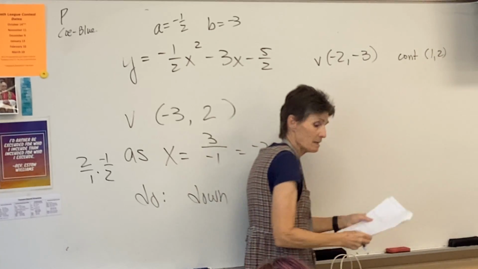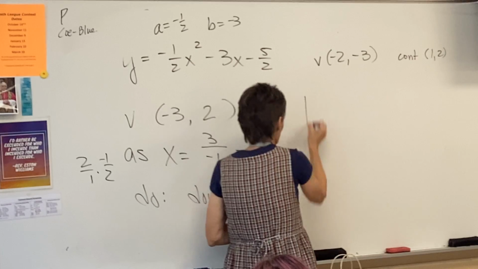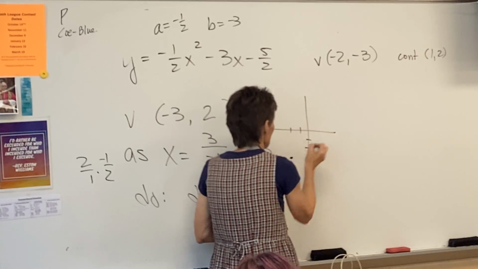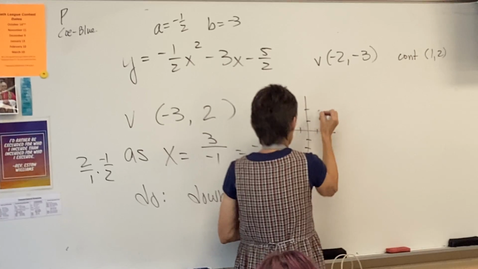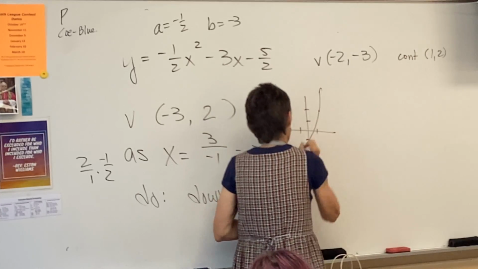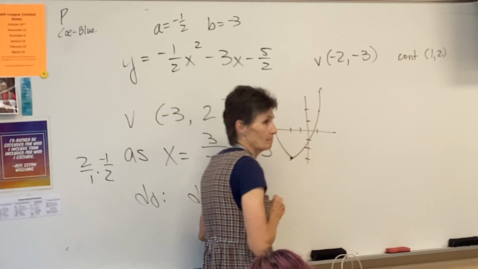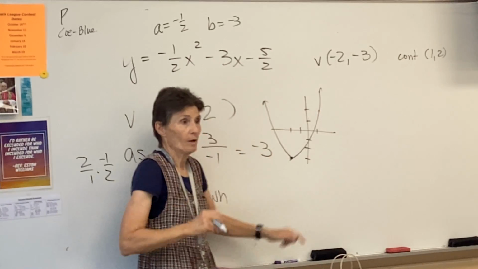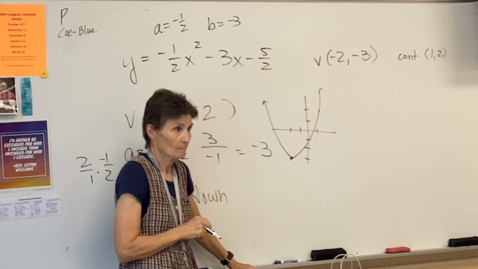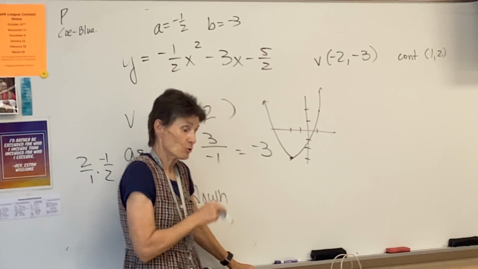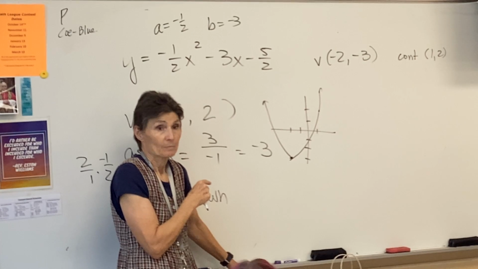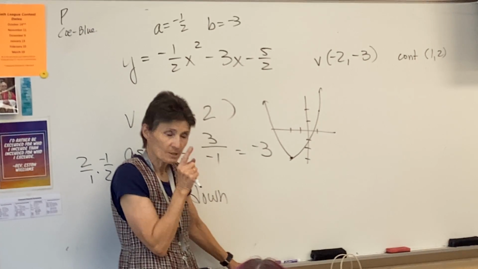So I've got this thing, the vertex is at negative 2, negative 3, and here's the point 1, 2. It just goes through there, it looks like this. That's just a random point on the shape. Now your job is to write the equation of that. This is easier than you think.